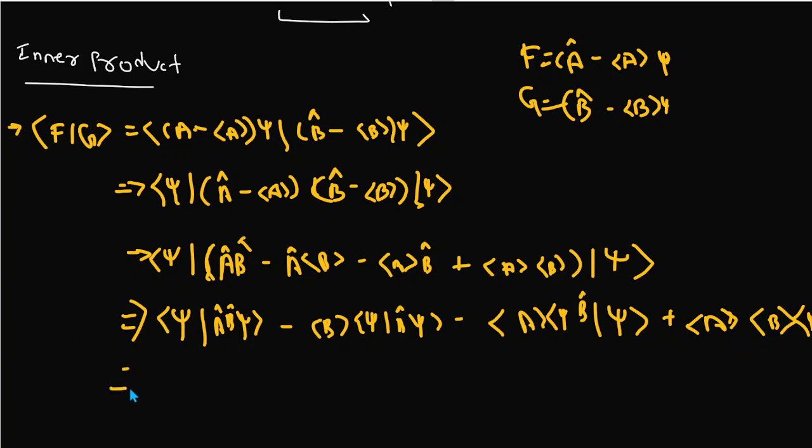Now, in Dirac notation, this is the sign of the expectation value.